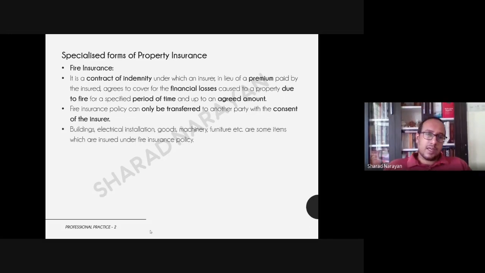It is like any document for that matter. You cannot transfer your passport to somebody else. You cannot transfer your ration card to somebody else until you have the consent of the party which has issued the contract.